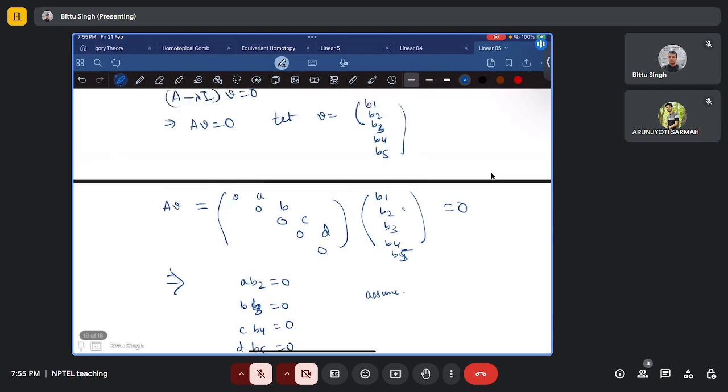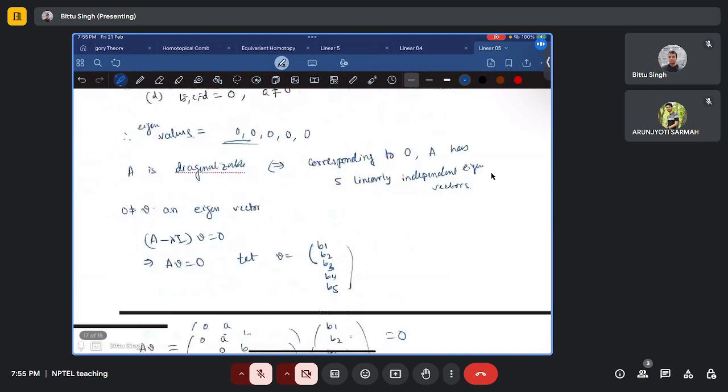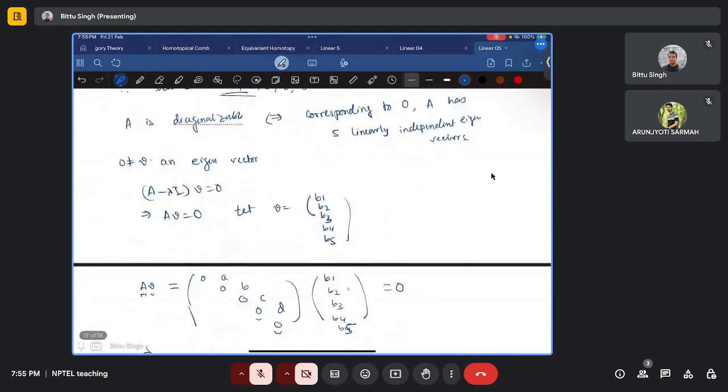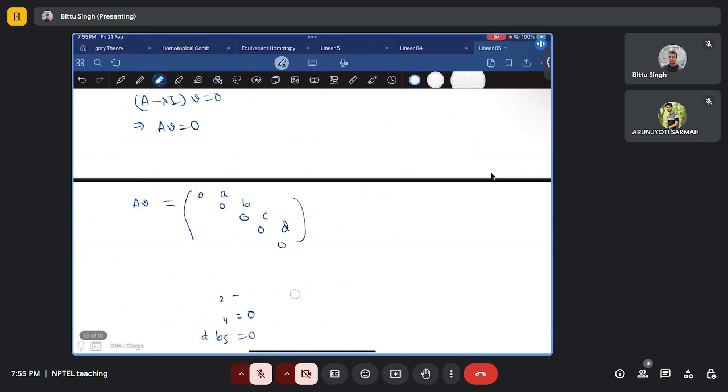Actually we don't need those kind of steps. Instead of writing all of these, I should have said directly that if you just see the matrix A, you can see that the rank of A depends on the non-zero values of A, B, C, D. Those are pivot entries.